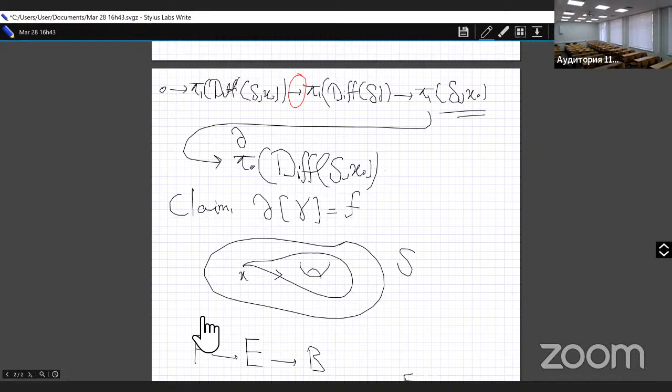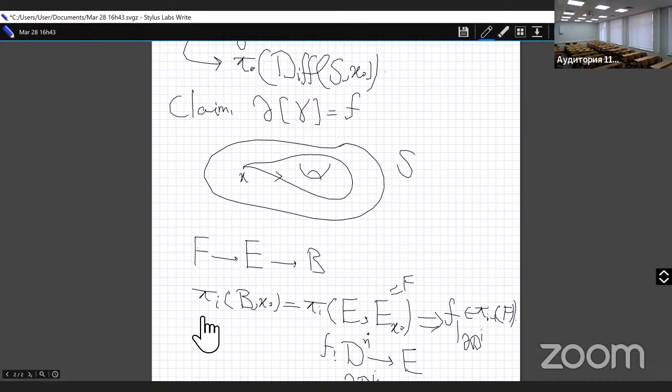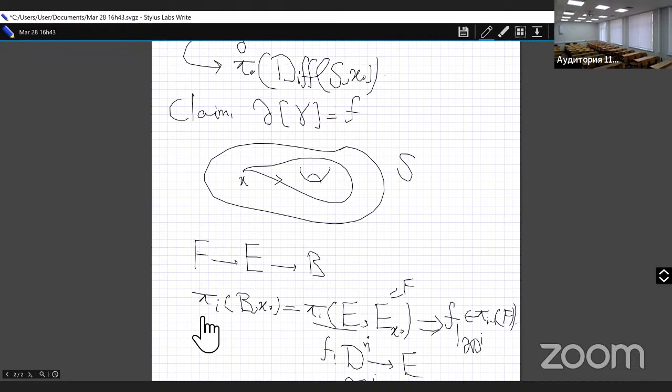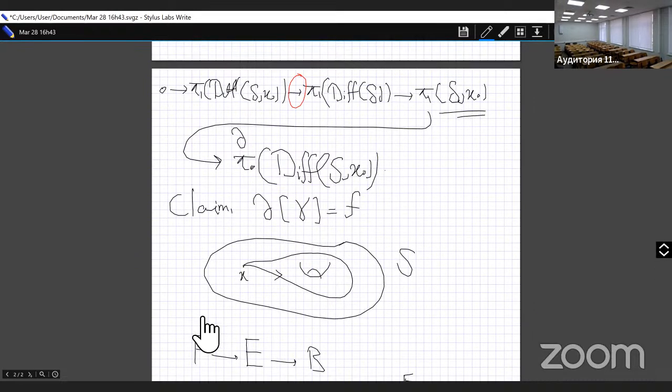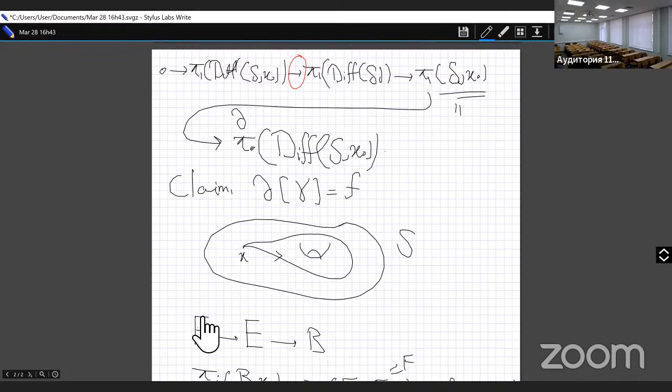By this identification, this is a pi one: loops in the diffeomorphisms of S, where the beginning and the end are diffeomorphisms fixing x naught.